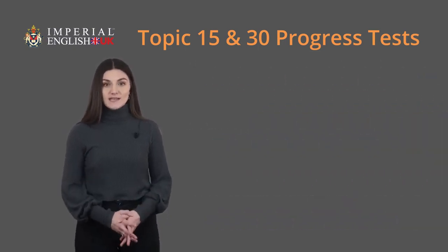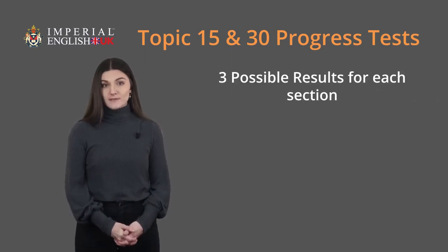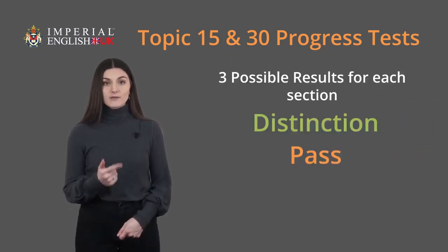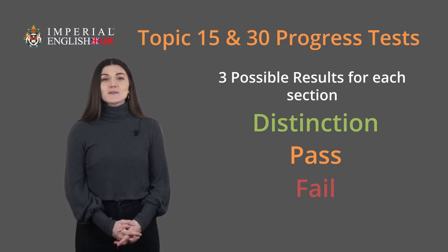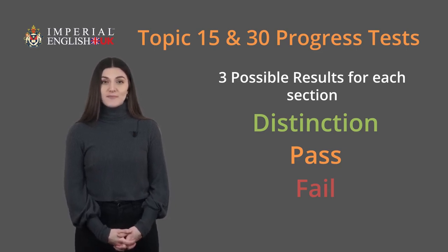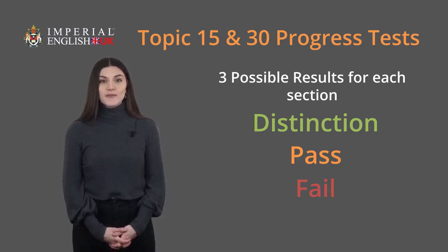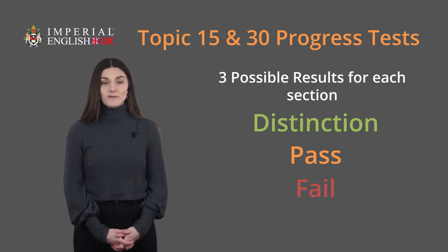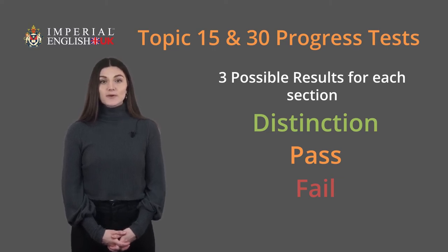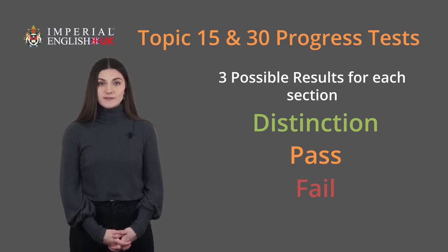Each section of the test has 3 possible outcomes: distinction, pass, or fail. If a student fails a section of the exam, you should arrange a tutorial with them and complete the student meeting record form. This is a record of the meeting between the teacher and the student.